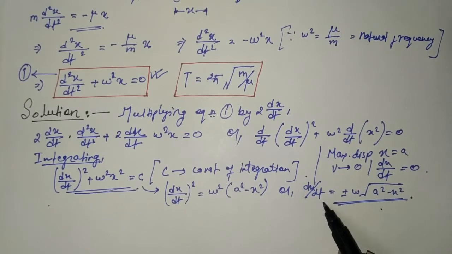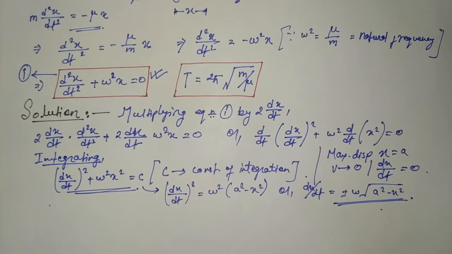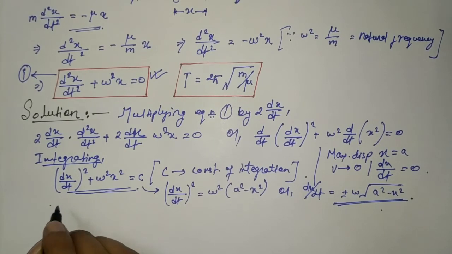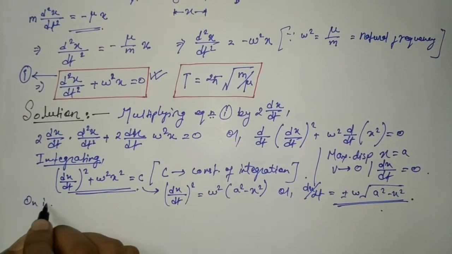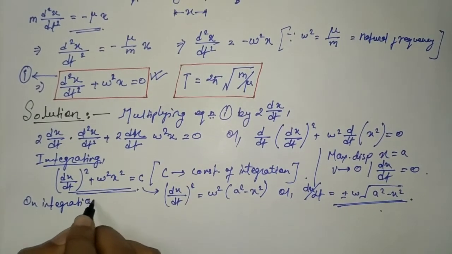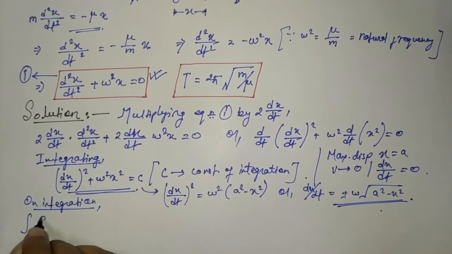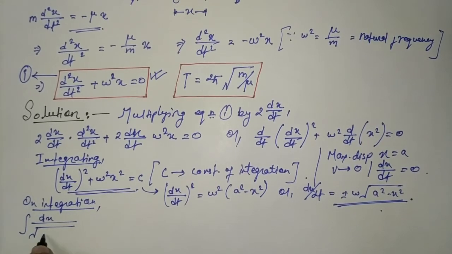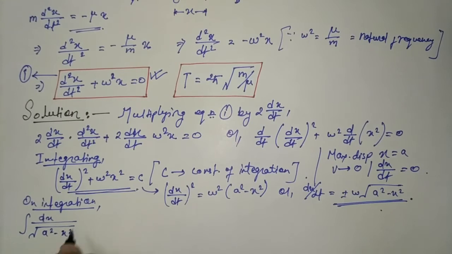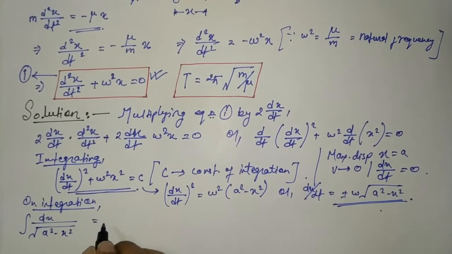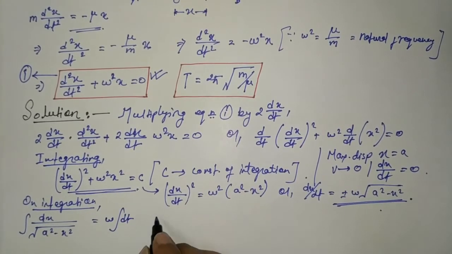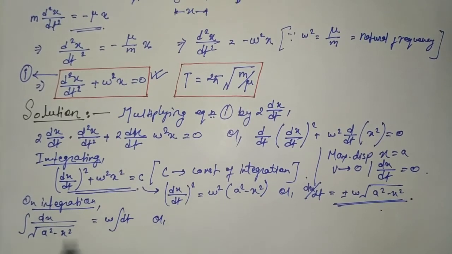Bringing this down to dx and multiplying omega with dt, after integrating we get the integral of dx by root over a squared minus x squared, equal to omega into the integral of dt.